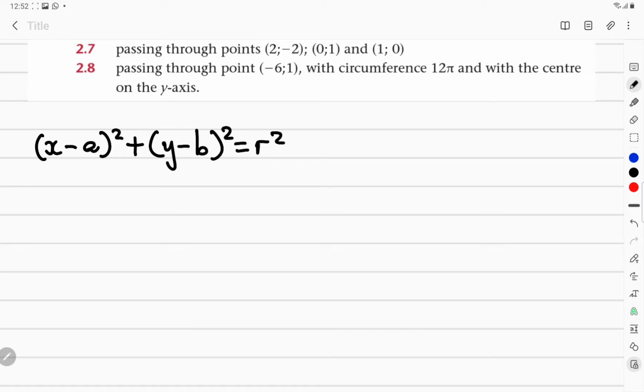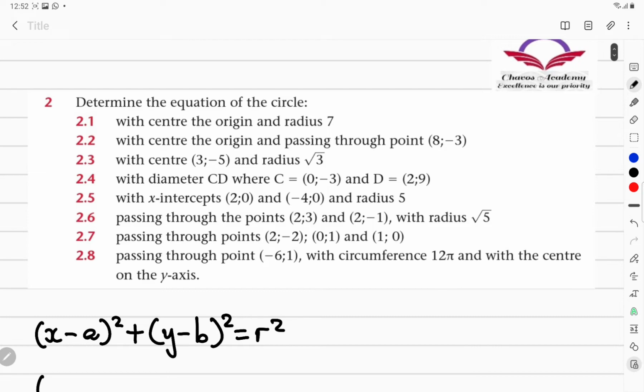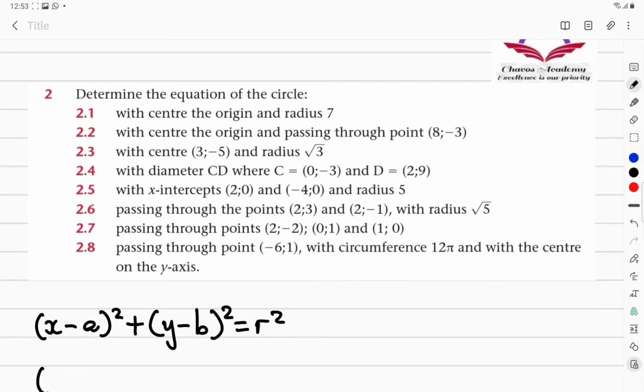We can see that they said passing through (-6, 1). We need to determine the equation of the circle passing through point (-6, 1), which is 2.8.